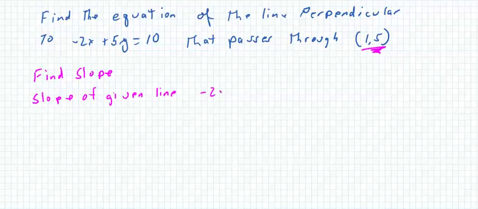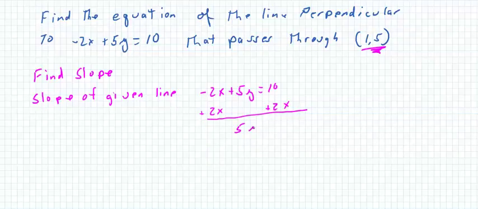we have negative 2x plus 5y equals 10. I add 2x, I add 2x. So I have 5y equals 2x plus 10. Divide by 5, divide by 5, divide by 5.